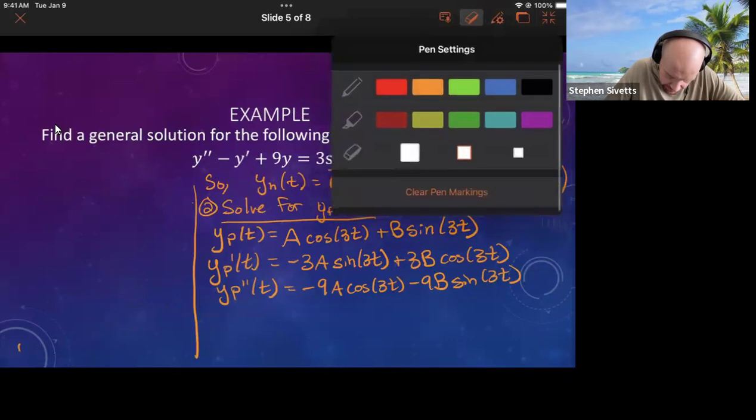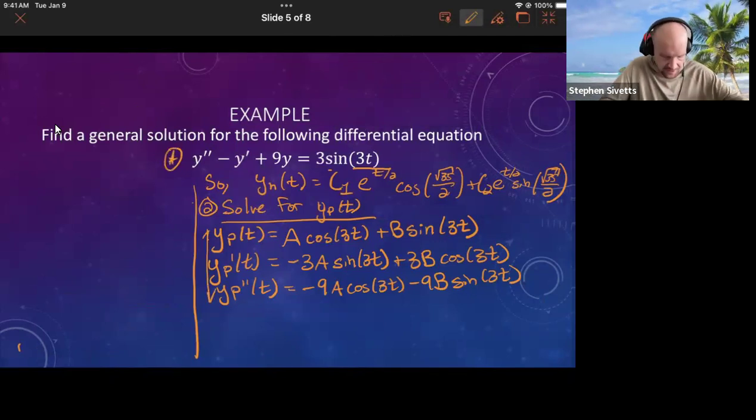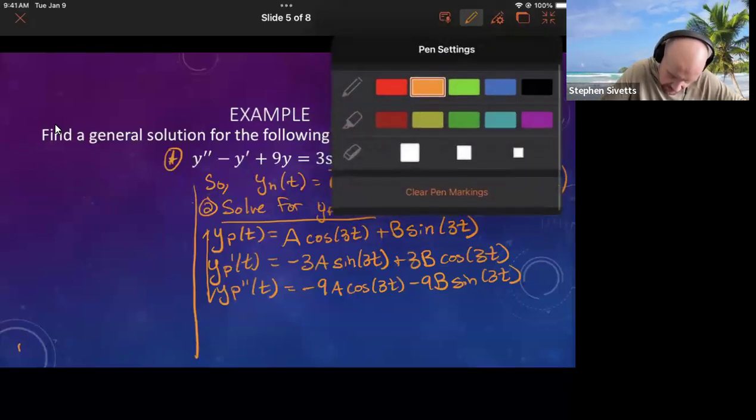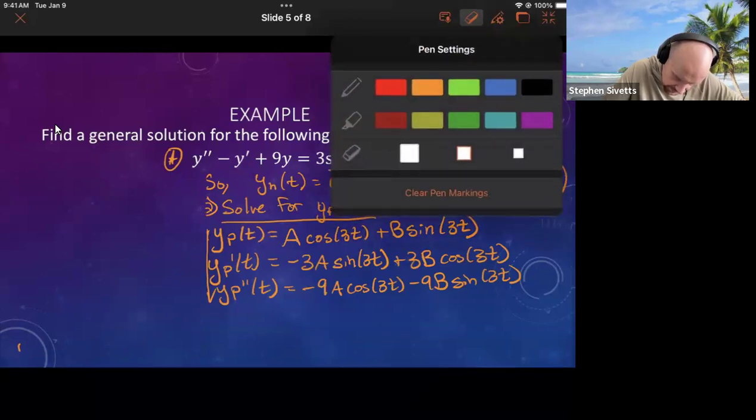So now all we have to do is plug the functions here into the differential equation and then solve for the constants capital A and B. So y double prime, I should probably write it down here.